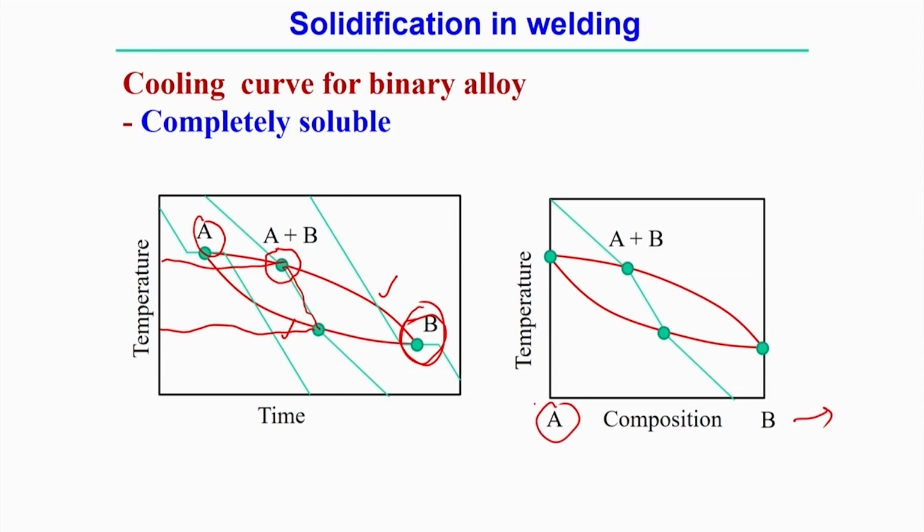Here at point A it is exactly 100% A, that means it is a pure metal A. Similarly, at B it is 100% B, that means it is a pure metal B, but in between there is a mixture of A and B, a certain percentage of A and a certain percentage of B. At any point, if you draw a vertical line, that represents the composition consisting of A plus B, and the proportion may be different at different points.